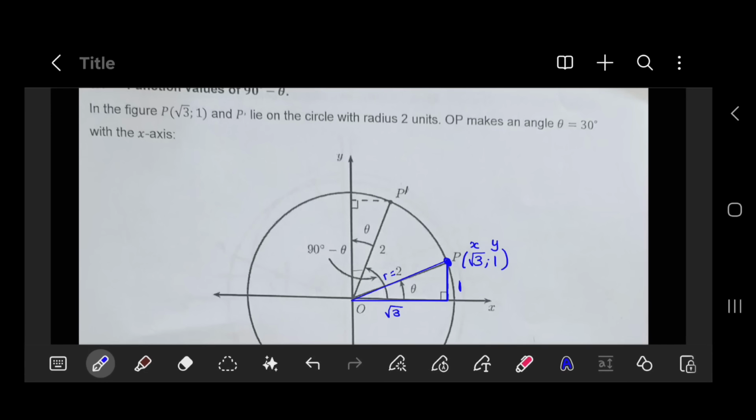The next bit of information we have is this point, the image of P. And here is a triangle formed for the image of P. Now, in this triangle, you guys will notice that the radius is 2. So how do we identify the radius?